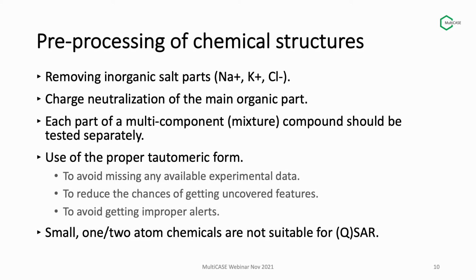Some of the relevant factors are that if you use the proper tautomeric form, you will avoid missing any available experimental data in the database. If you submit a wrong tautomer, meaning a different tautomer than what is already present in our database, obviously you are not going to get the experimental data from the database.